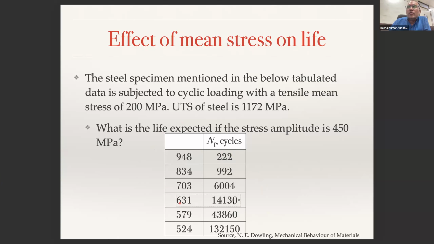For this data, what is the value of A and B? S is equal to A n power B, no? What is the value of A and B that you have taken? A is 1584.2 and B is 0.094. Negative, right?